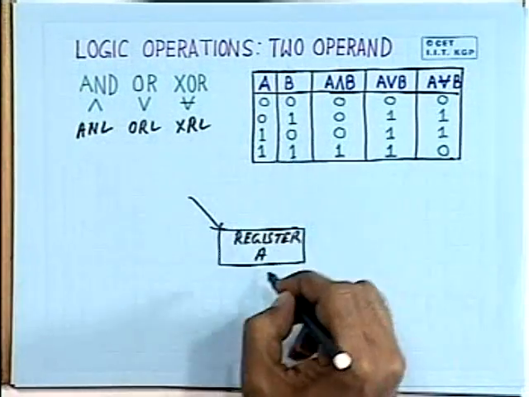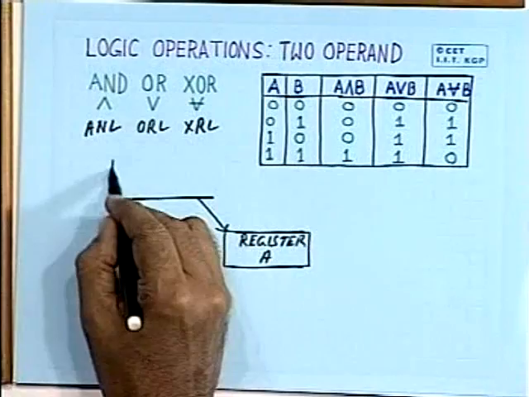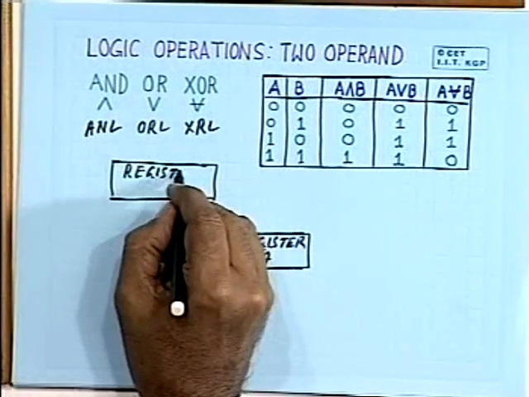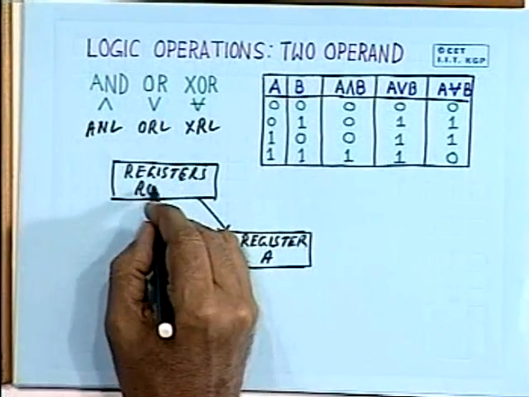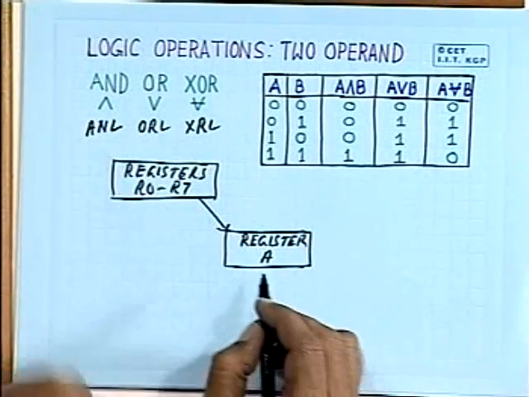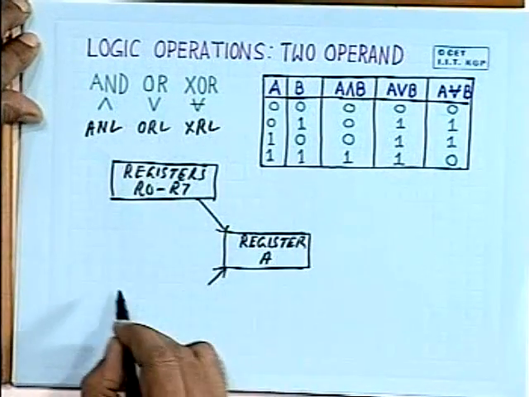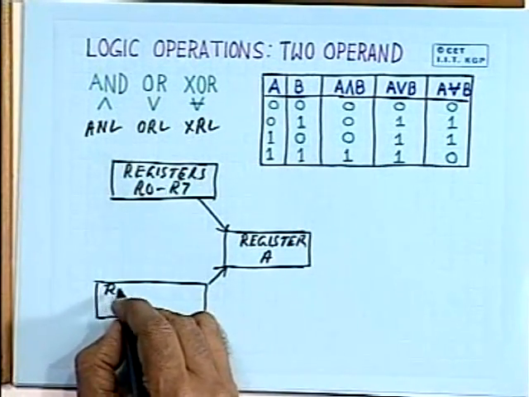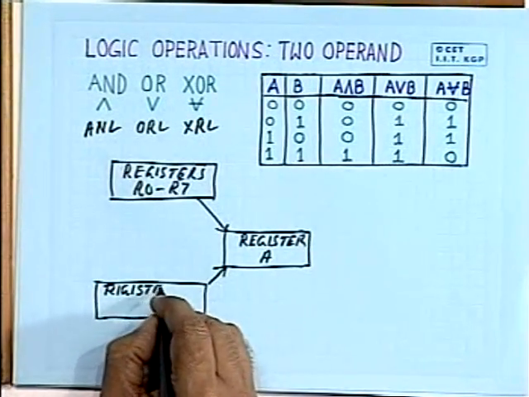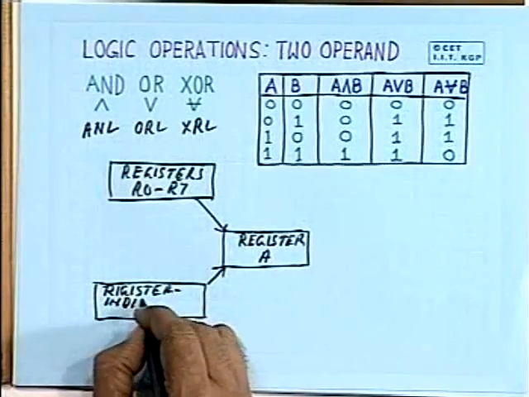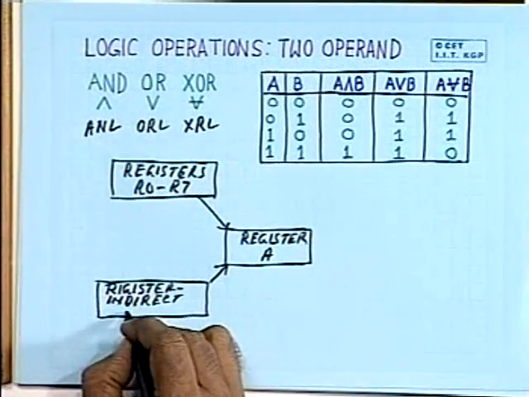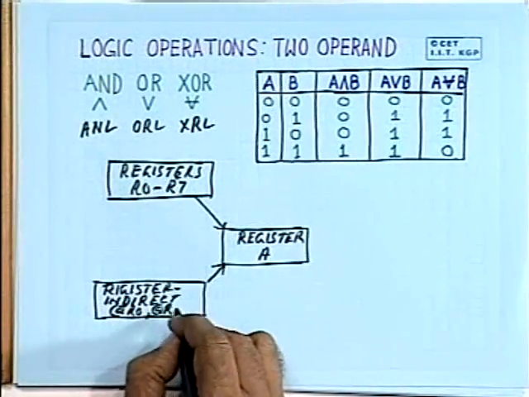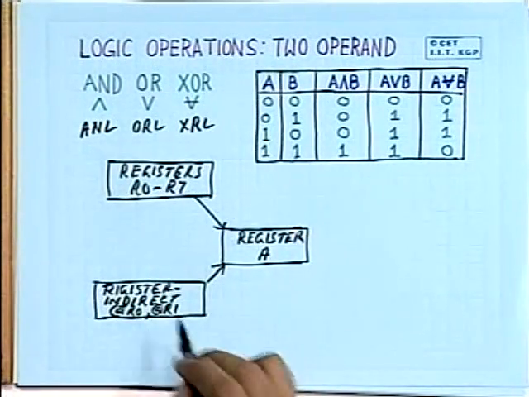That is why I have put it in the center, and the other byte can be from, say, the internal registers R0 to R7, one of the registers from the register bank that is selected, and similarly it can be from any one of the memory locations selected by register indirect addressing. That means in this case one of the two registers, as you know, R0 and R1, is used as the register pointer registers.